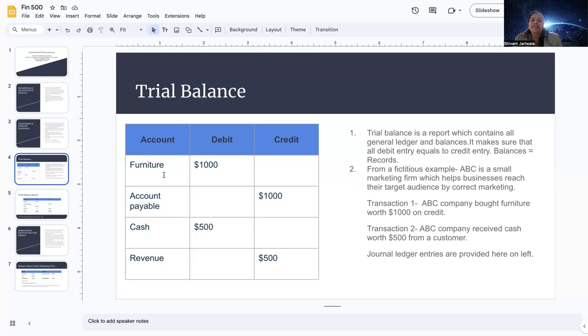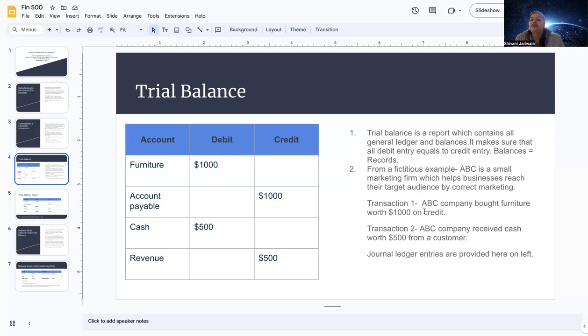Let's take a fictitious example, ABC. As I belong to the field of marketing, I love to always put that I own a marketing firm. So I have this marketing firm called ABC. It helps businesses reach their target audience by providing the correct marketing tools. So transaction one is that I just bought a new office and I am looking for new furniture.